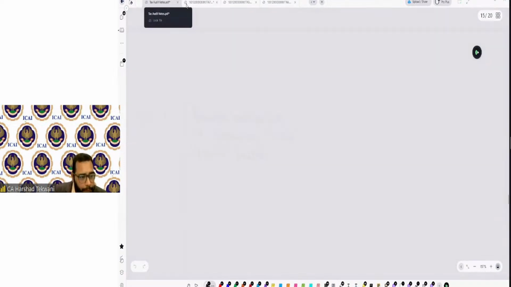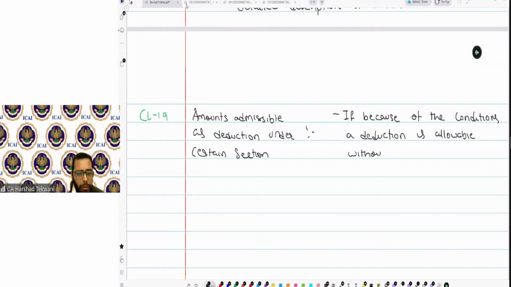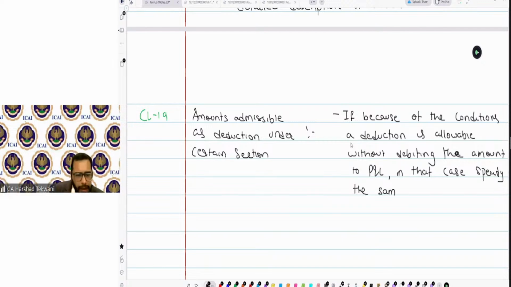So, because of the conditions, if a deduction is allowable without debiting the amount to P&L, in that case, specify the same in detail.